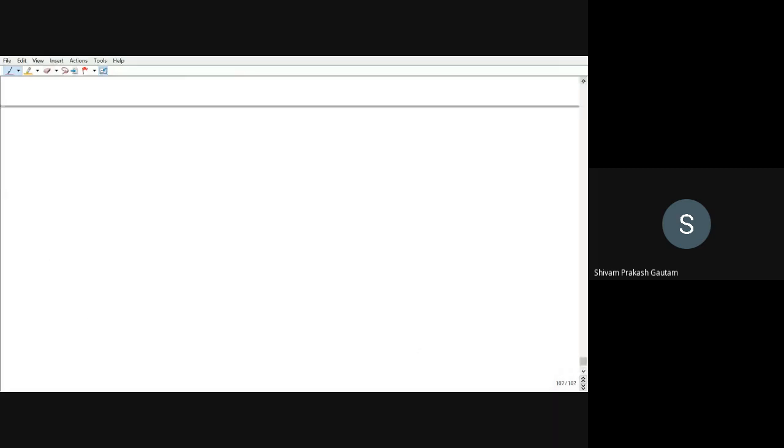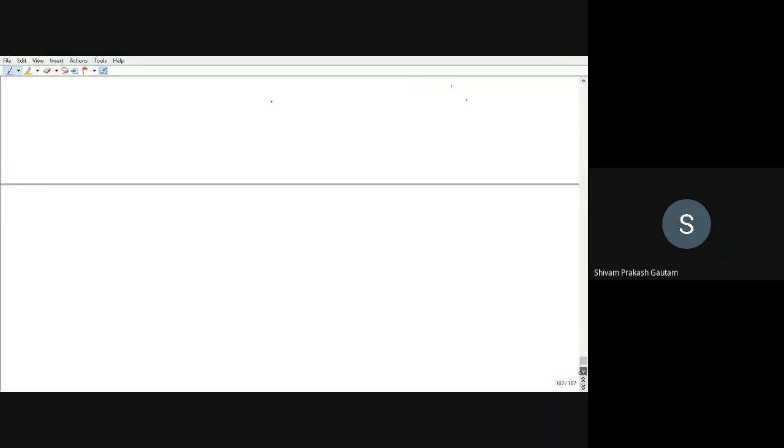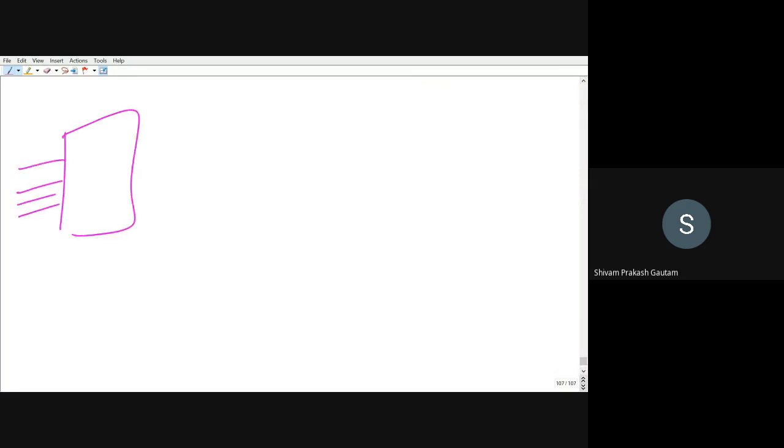Okay. We have 4 inputs here and 2 select lines, I0, I1, I2, and I3, and this is our output, let us say Y. This is a 4x1 multiplexer with S1 and S0. We want to implement it using 2x1 multiplexers only.